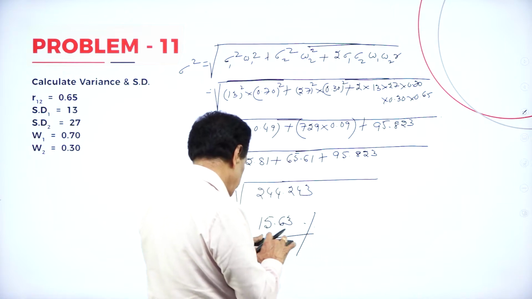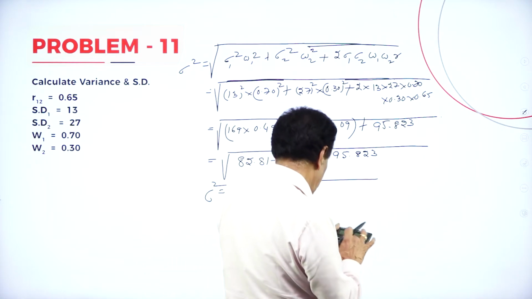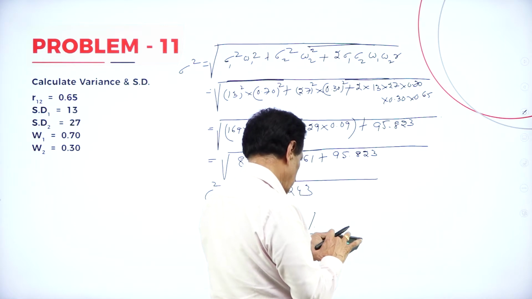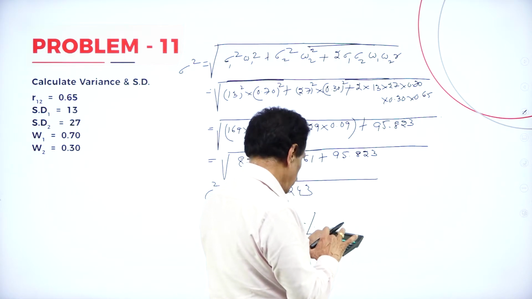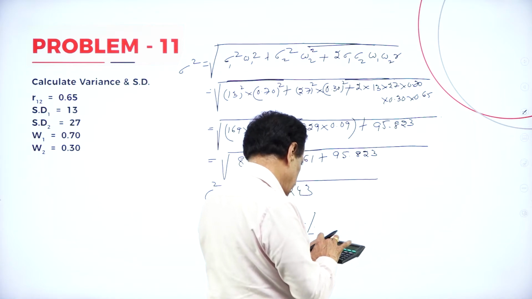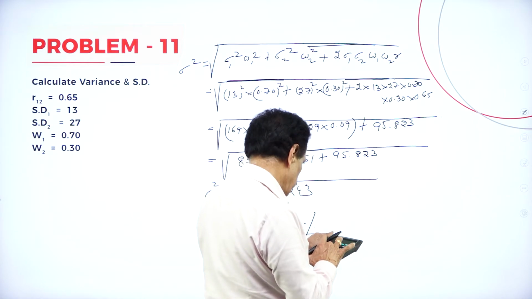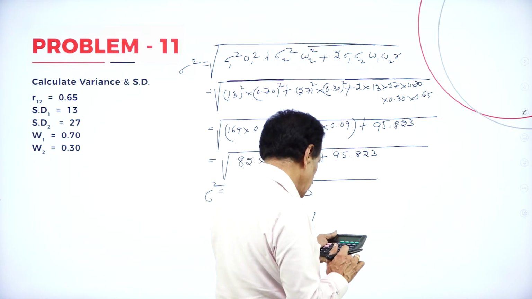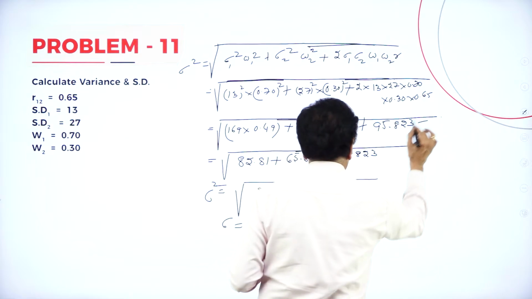We'll repeat. This is 2 into 13 into 27 into 0.70 into 0.30 into 0.65, 95.823.